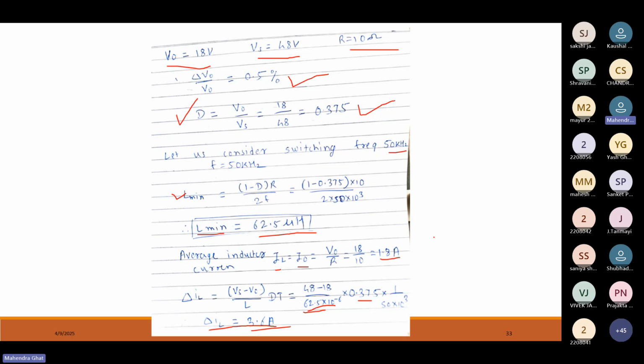Just one example. If you see the chargers, previously the chargers, I am talking about mobile chargers, 10 watt or 20 watt, were also bulky. But now the chargers are coming to 120 watt, and they are almost the same size as the 10 watt or 20 watt ones. So how have they achieved this? This is achieved by increasing the switching frequency.